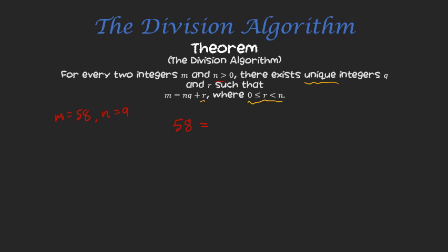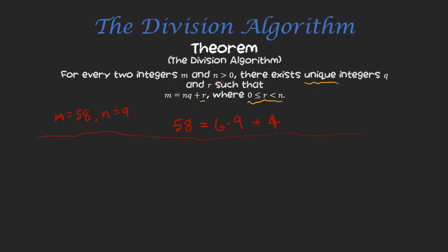So that would be 6 groups of 9 with, and then there'd be 4 left over. So, yep, I could write 58 that way. That's what the division algorithm is telling me, is that I can do that. And notice that there's no other way I can write this, as long as I make sure that that 4 is between 0 and n. So it's kind of telling me how I should express that remainder.